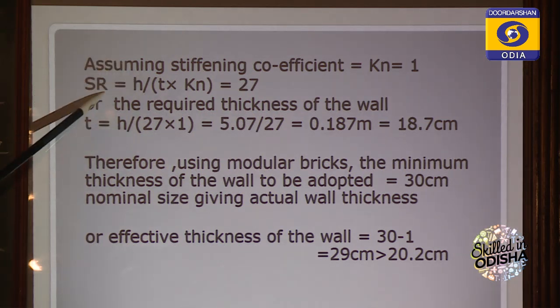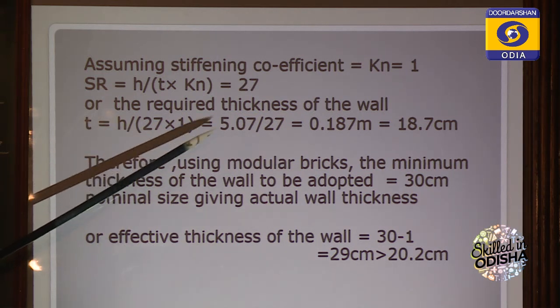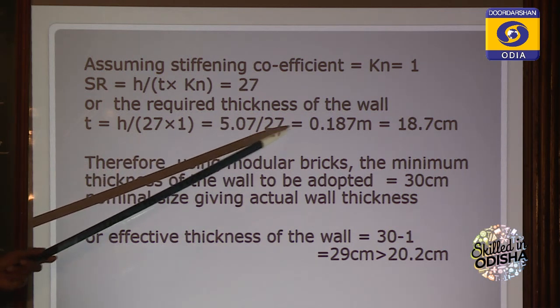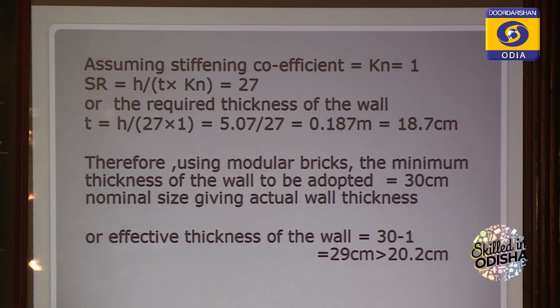Putting the value of slenderness ratio as 27, t is h by 27 into Kn, that is 1, which is 5.07 divided by 27, and the result is coming 18.7 centimeter. So here the wall thickness is coming 18.7 centimeter in short wall.